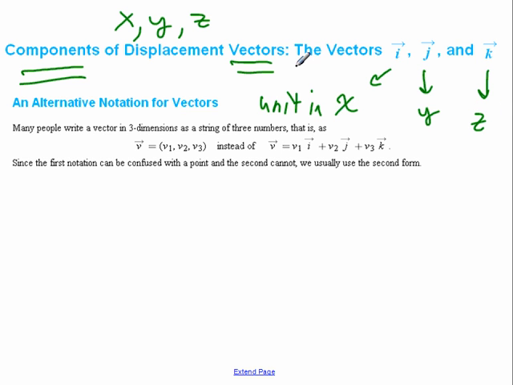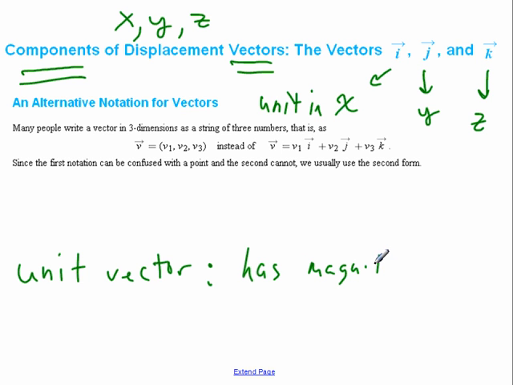The idea of a unit vector, again, this is a review from BC calculus, is that a unit vector has a magnitude equal to 1.